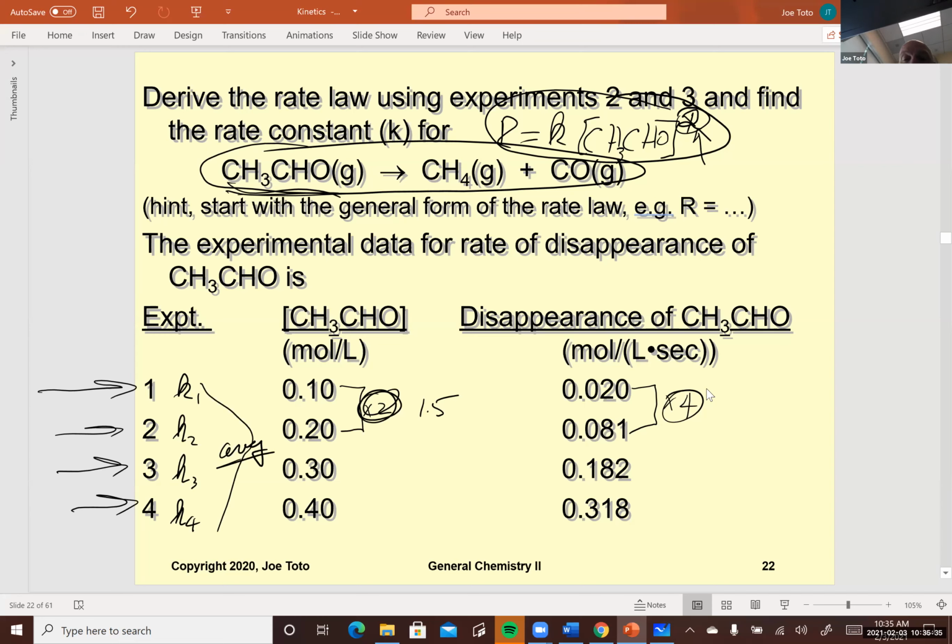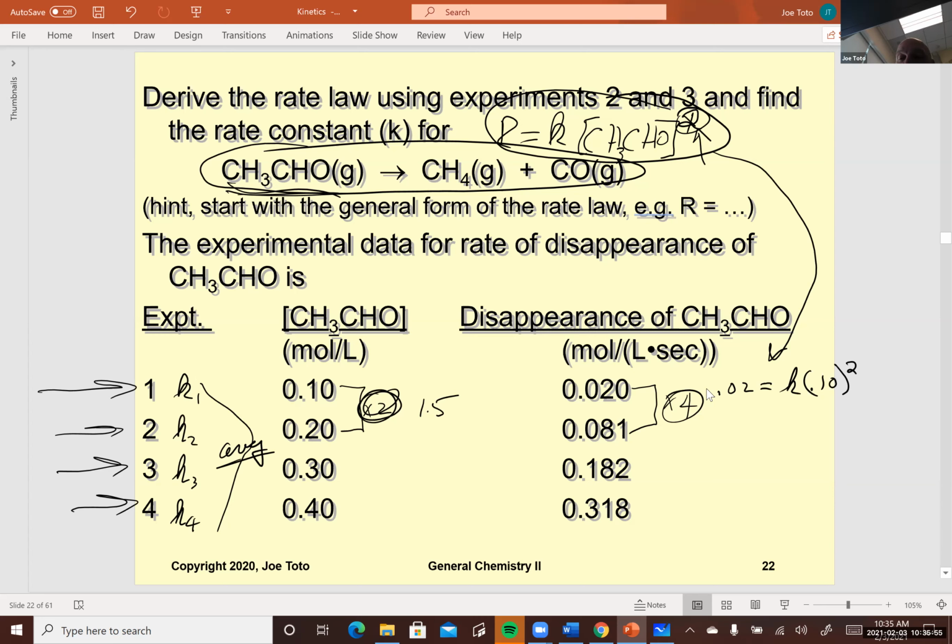So what I would do then is I would say, here's my form of the rate law. So I would put in the rate, which is in this case 0.02. That has to equal K times the concentration of 0.10 squared.